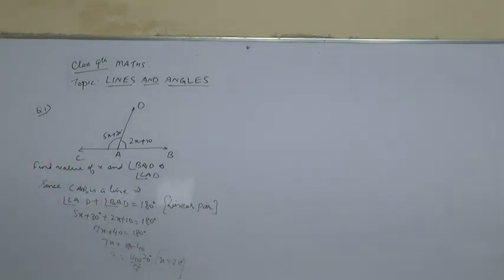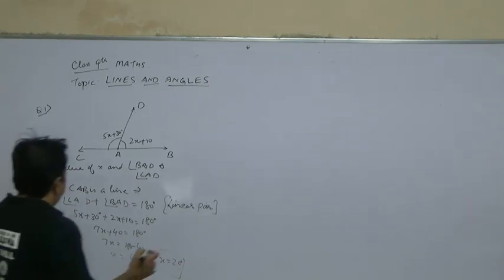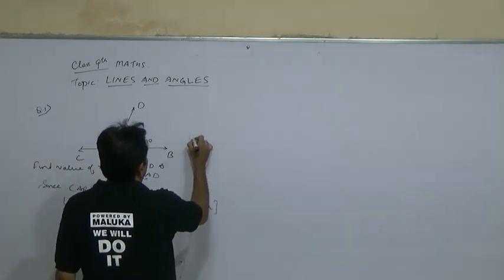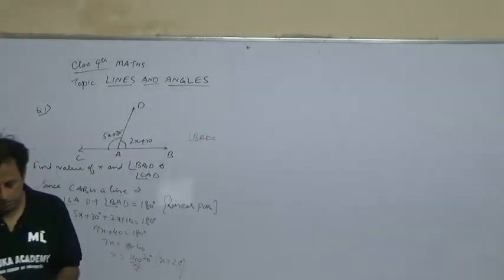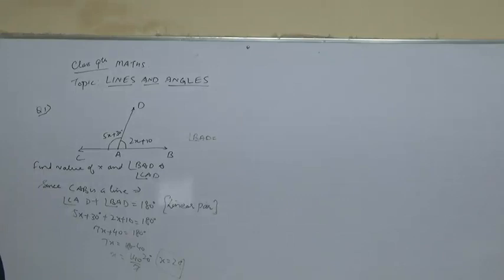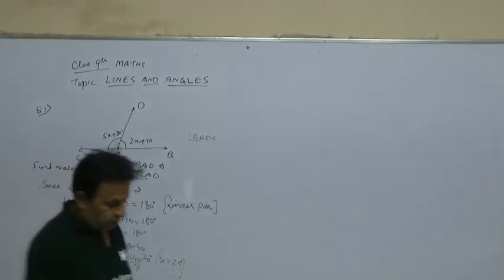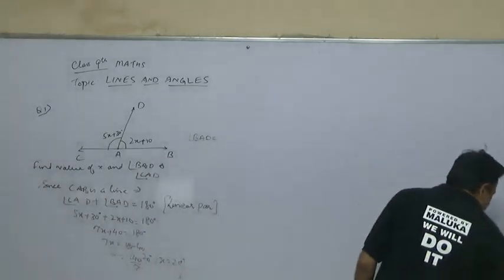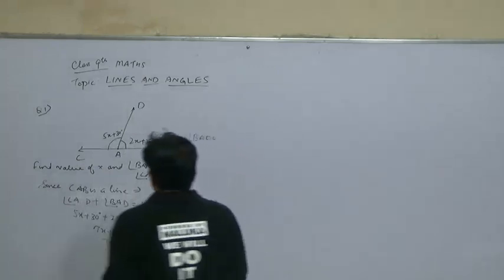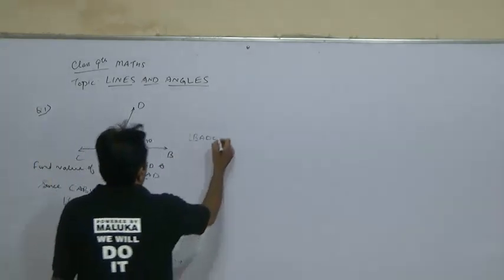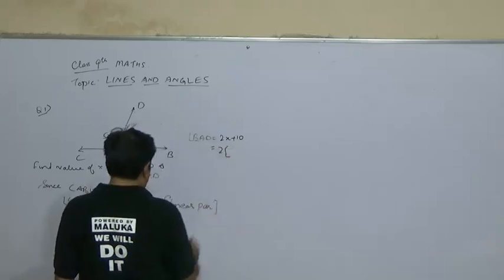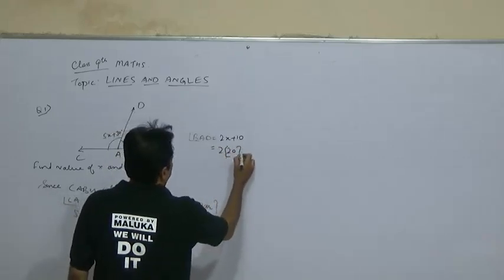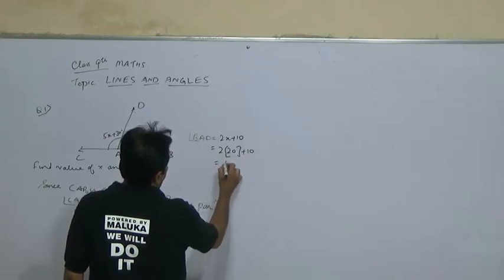Now we want to find value of BAD and CAD. Now how do we find BAD? Angle BAD is given as 2x plus 10. So which is 2 into 20 plus 10, which is 50 degree.